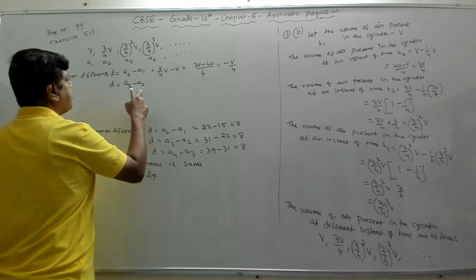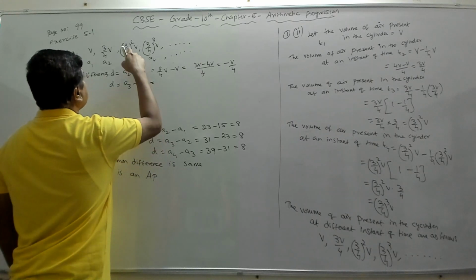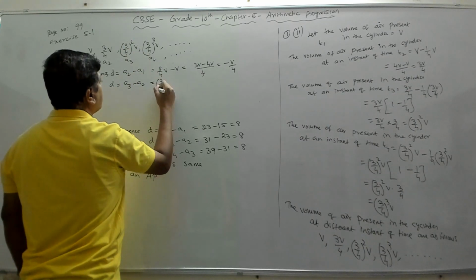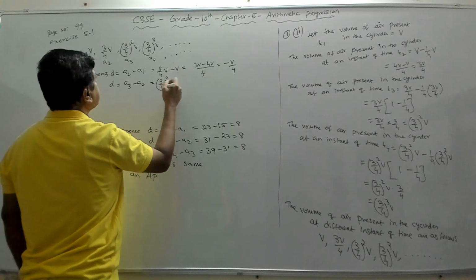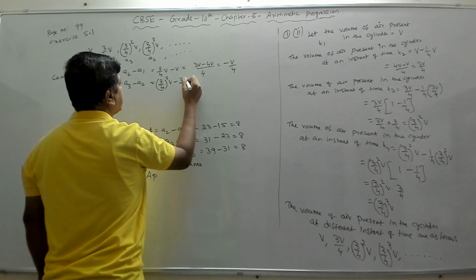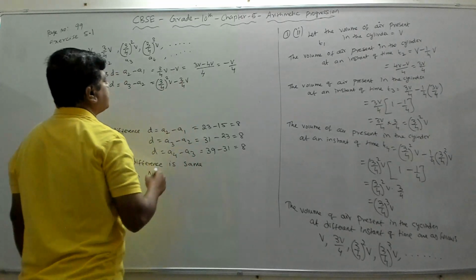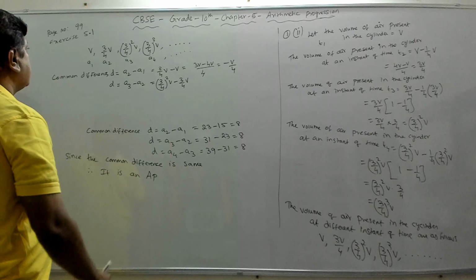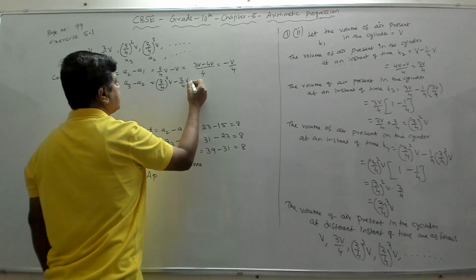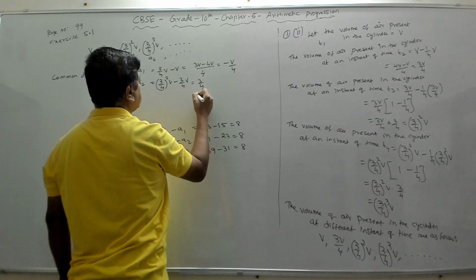So A3 minus A2, that is equal to, A3 is how much? 3 by 4 whole square V minus A2, which is 3 by 4V. So this minus this. So that will give you what? That is equal to, so 3 by 4 is common.